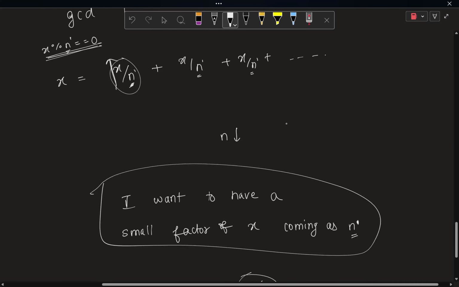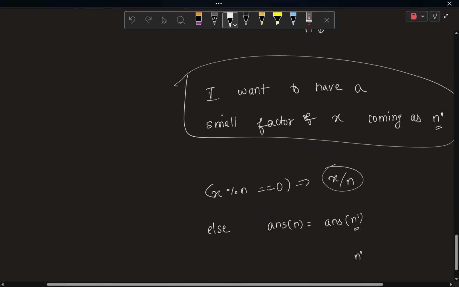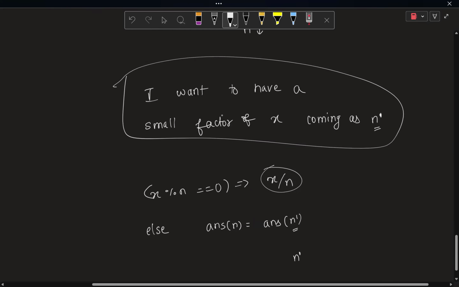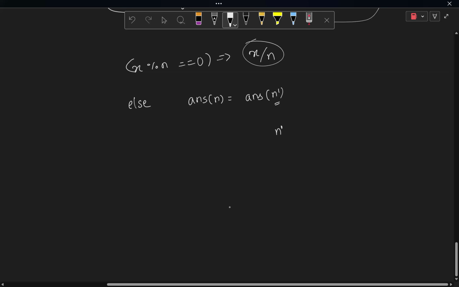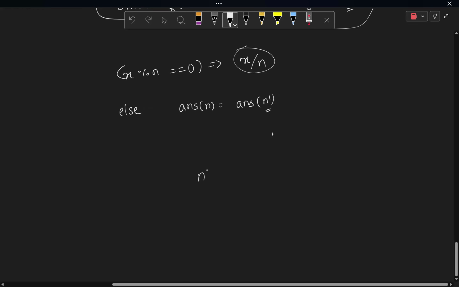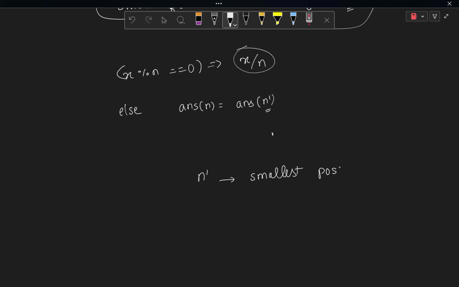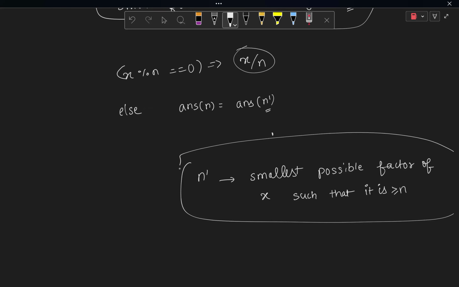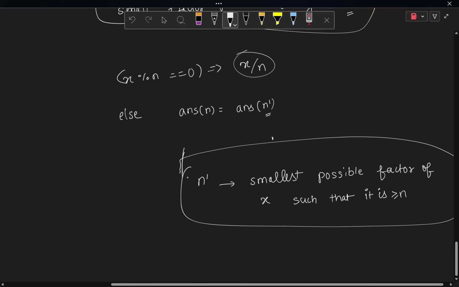So if you club up all the small observations we have made, you will see that what we want to do is find out n dash, where it is the smallest possible factor of x such that it is greater than or equal to n. So this is the final thing which we have realized after all that mess we created.